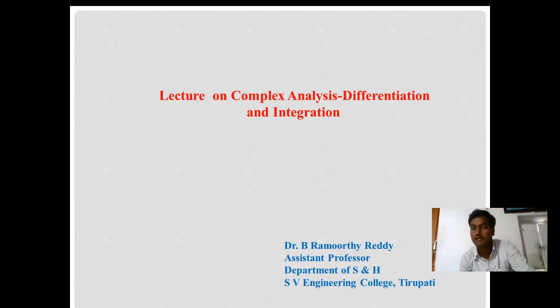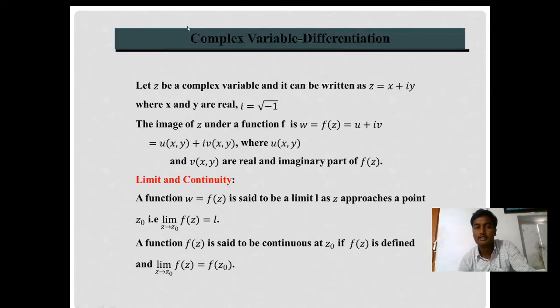So w equal to f of z, which is u of x comma y plus iv of x comma y, where u of x comma y is a real part and v of x comma y is an imaginary part. See here, z is a complex variable and it can be written as x plus iy, where i is root of minus 1, and its image is w equal to f of z, which is u plus iv, where u of x comma y is a real part and v of x comma y is an imaginary part.